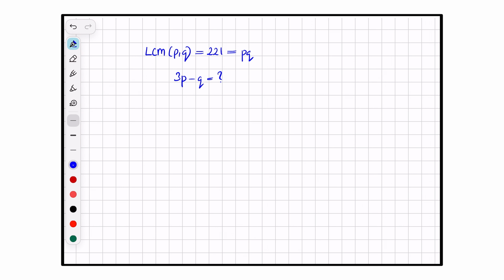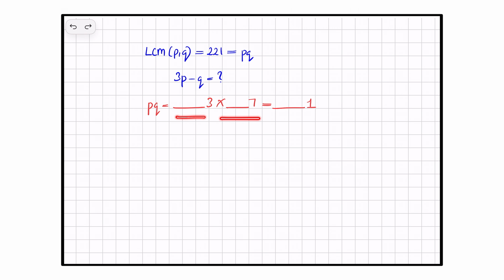So what are some possibilities? It could be something like PQ, maybe 3 is the last digit of P and 7 is the last digit of Q, and this can end with some number ending with 1. You can quickly try some prime numbers P and Q ending with 3 and 7, so that we have 1 as the last digit of its multiplied value.